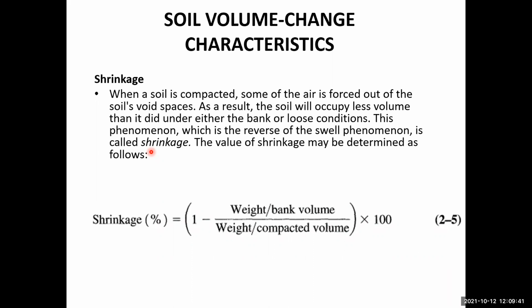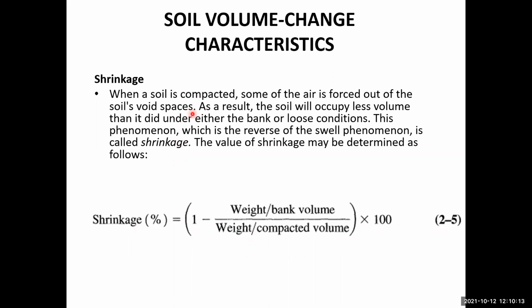When the concrete dries up, due to the decrease in the moisture content and some other factors, in a natural process, the concrete shrinks. However, the shrinkage we are talking about here is not a natural process. It is a result of the compaction. For the compaction, we have to apply force on the soil. So this is the difference between the shrinkages.